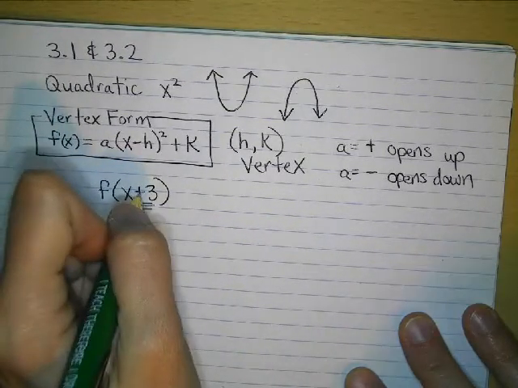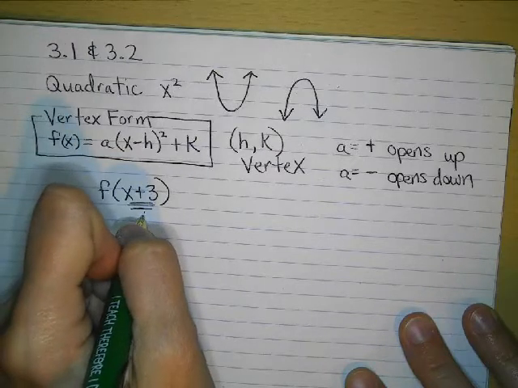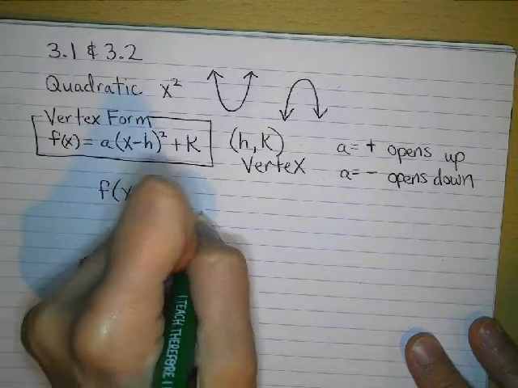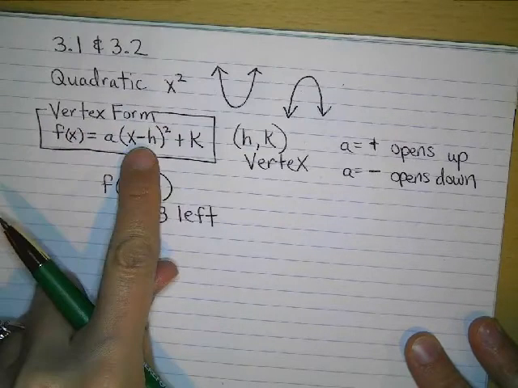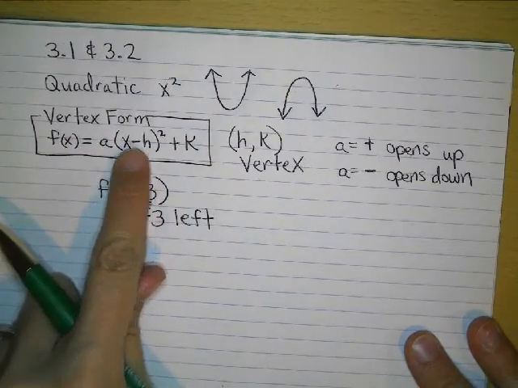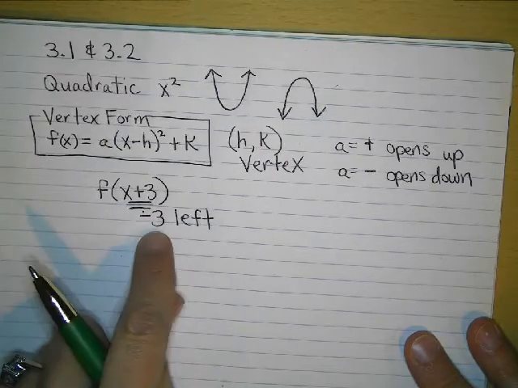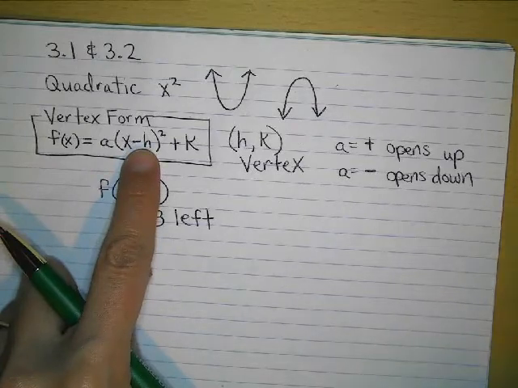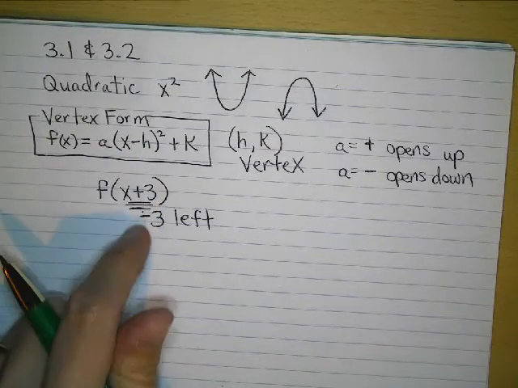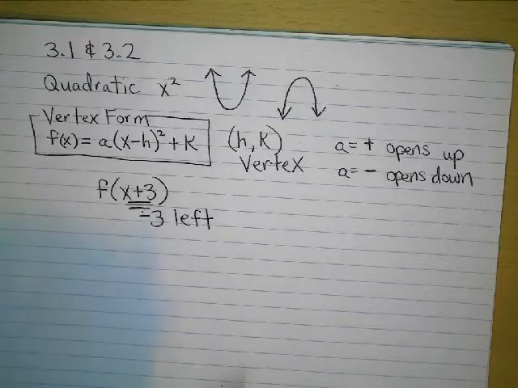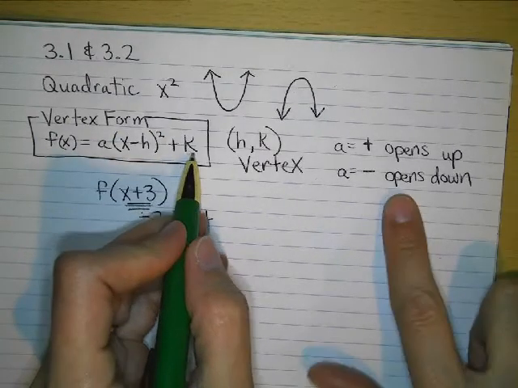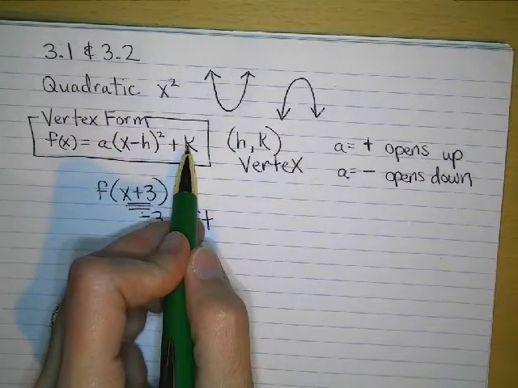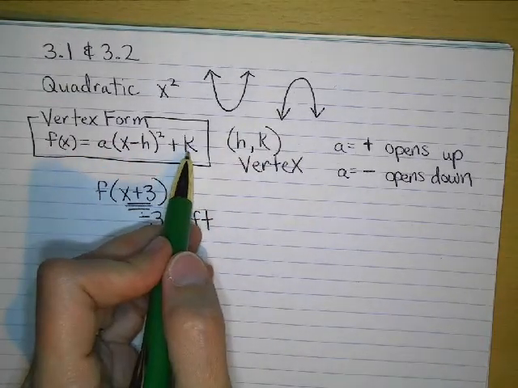So if it says plus 3, it's like the opposite. The graph would move negative 3, to the left. If it had said x minus 3, then you go positive 3 to the right. It's the opposite of what it says. And the k number moves the graph up and down, vertically, on the y-axis. And that's just the sign as it's stated.